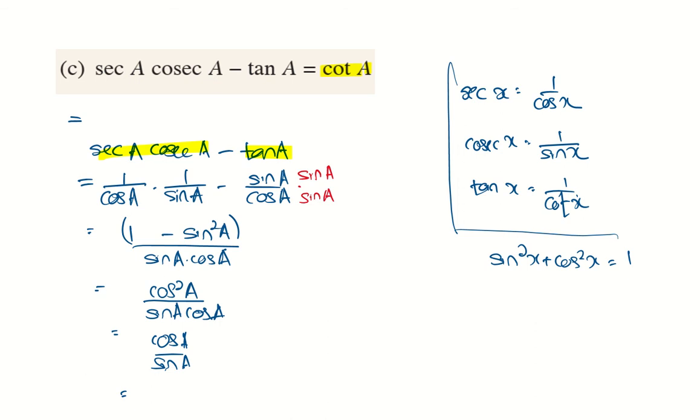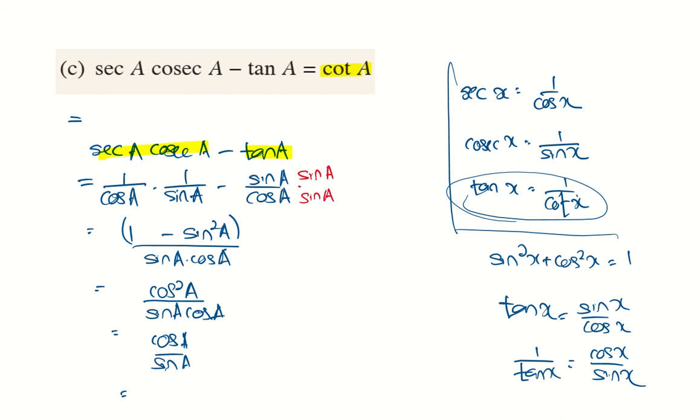Tangent x is sine over cos. So if I have cos over sine, it must be 1 over tangent x. 1 over tangent x is the inverse of cotangent. Cotangent A. Proven.